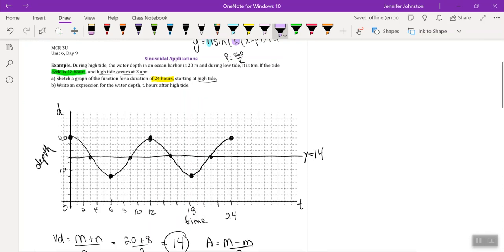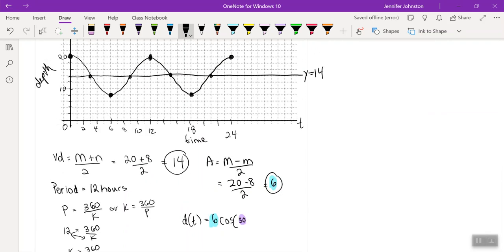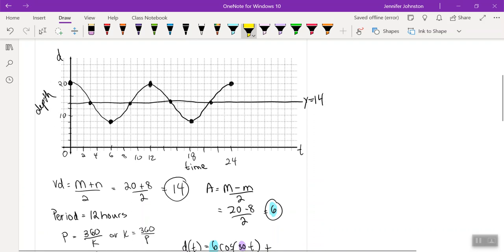And we found k. K is 30, so let's put 30 right here. And since we're starting at 20, there's no phase shift, it's just going to be t. So we're not going to have to move it left or right. And then we did move everything up, our vertical displacement, d, which we found to be 14.